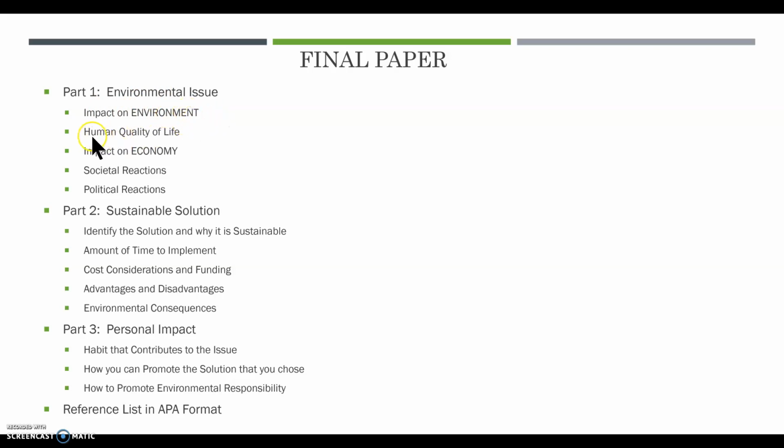Then the next subheading, you would have human quality of life, and then your answer underneath it, and just going all the way down. And then at the very bottom of your paper should be your reference list of all your citations that you used.